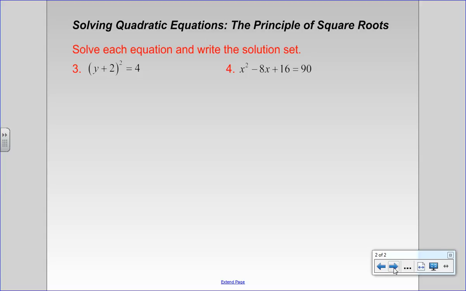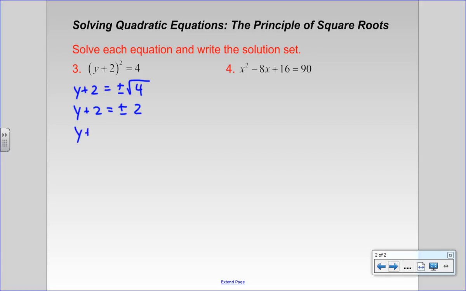So that if y plus 2, the quantity squared, equals 4, then y plus 2 must equal positive or negative the square root of 4. And since the square root of 4 is 2, we have y plus 2 equals positive or negative 2. This is actually two equations in one.